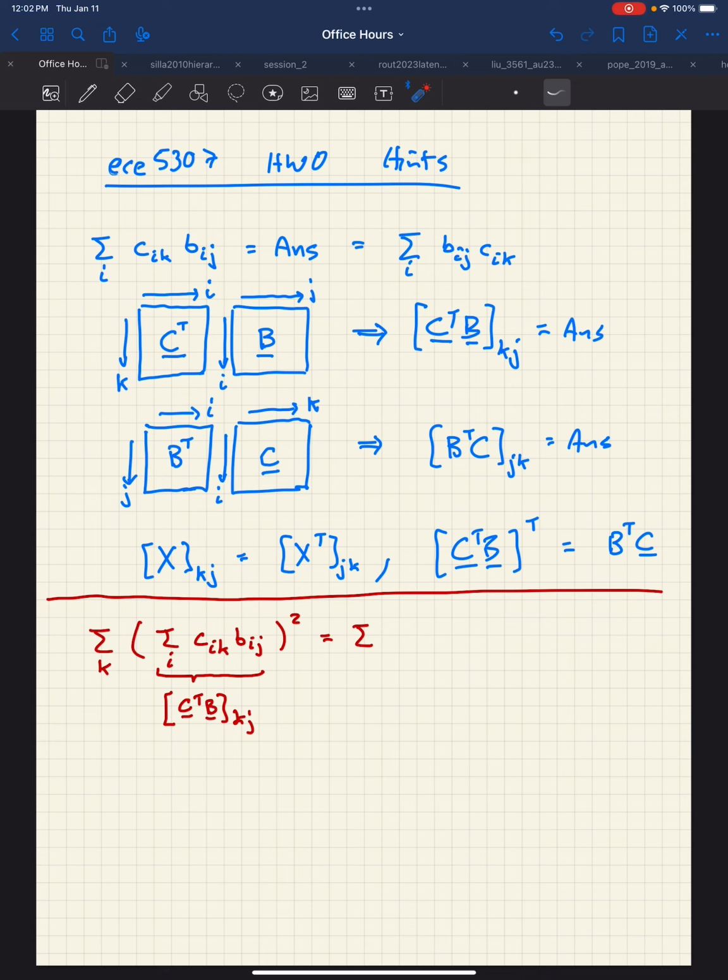So let's go step by step. We have the sum over k, and now I have this quantity squared. So what I could do is just write that quantity times itself.